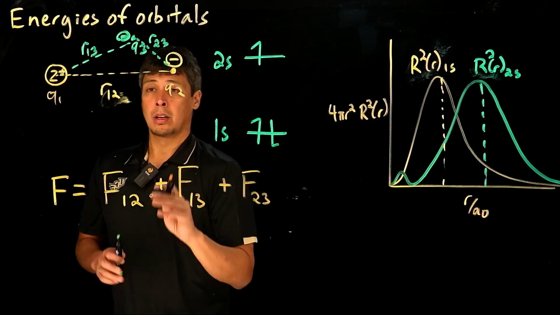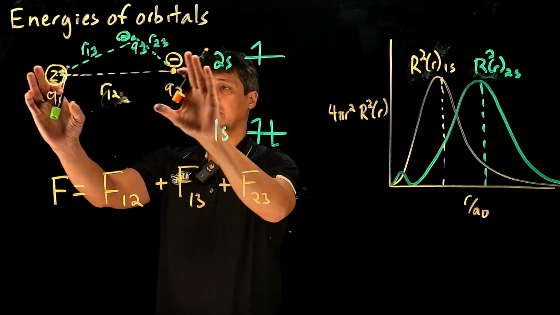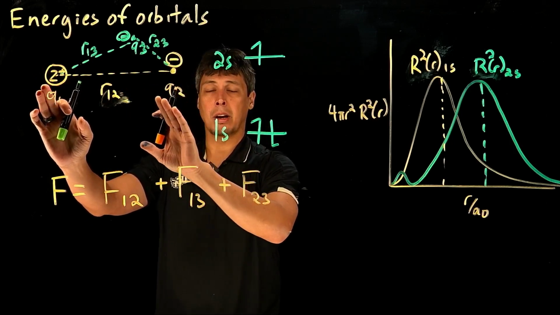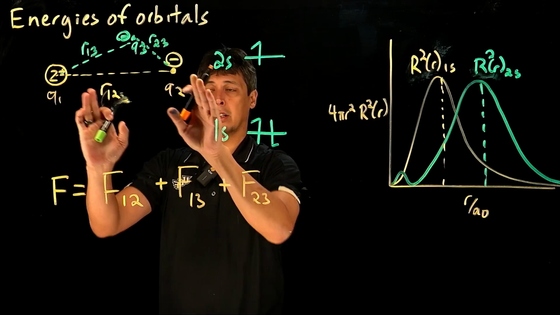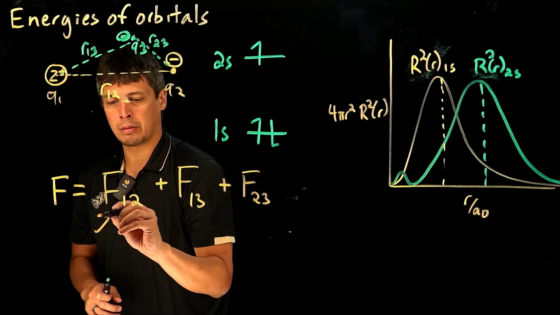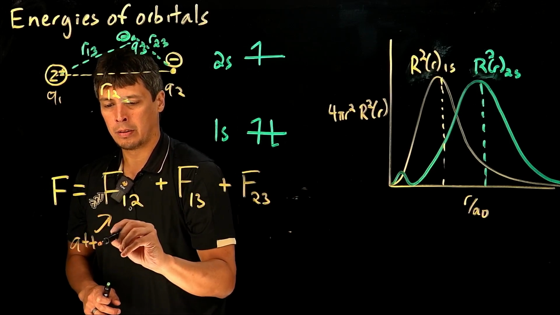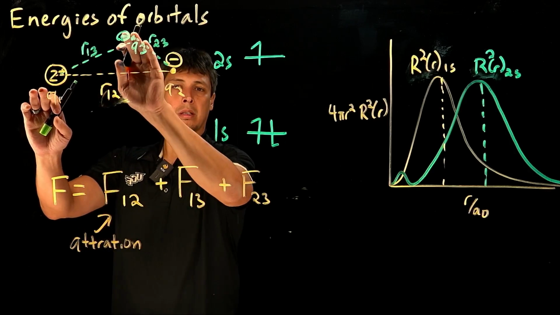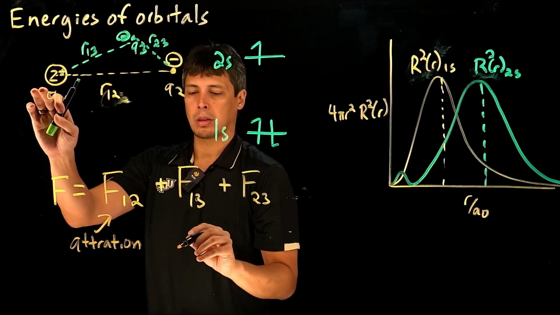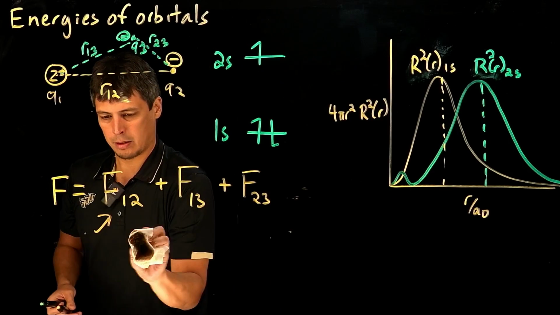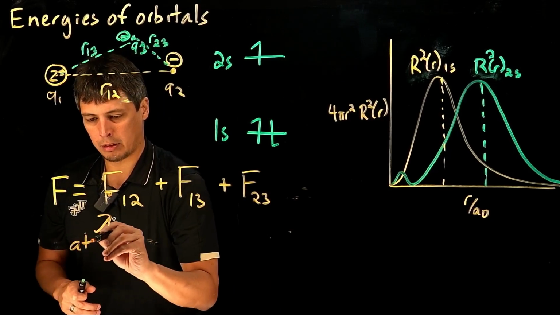Now, much like when we talked about just the interaction between Q1 and Q2, because this is between a positively charged nucleus and a negatively charged electron, that's going to be attractive. Similarly, the interaction between the nucleus and charge 3, or the second electron, is also going to be attractive.